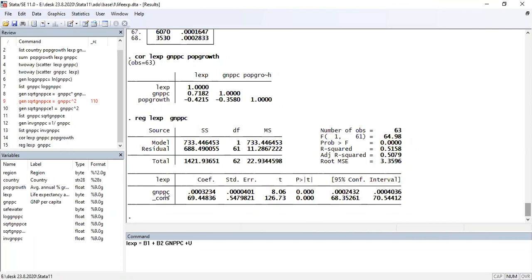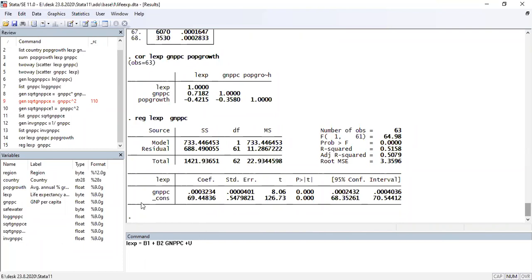Then you have the independent variable, GNP per capita. Then you have a constant, which basically means beta 1. The coefficient of GNP per capita is here, under COEF. That means beta 2 hat is this, and beta 1 hat is 69.44.